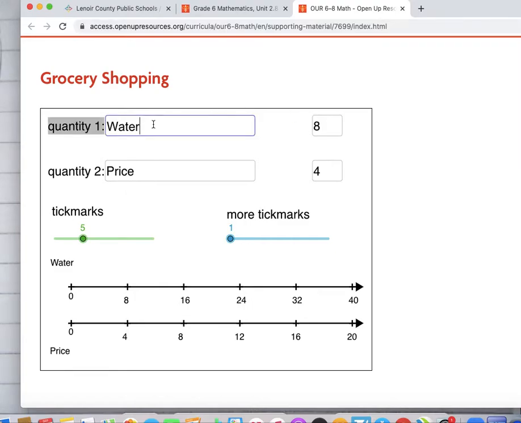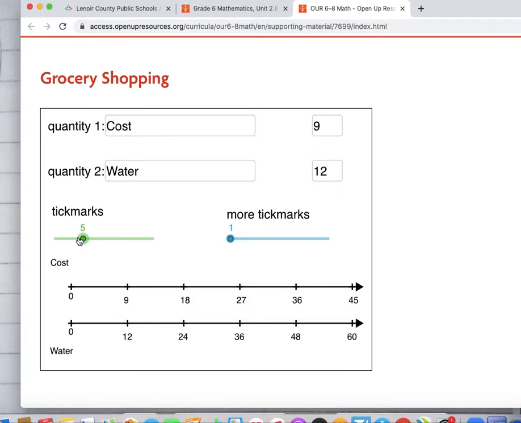So let's change this to cost, $9. Water is going to be 12. Okay? 9 and 12. So if I look at my example, how many bottles can you buy for $3?